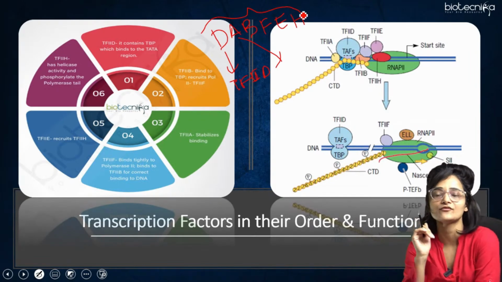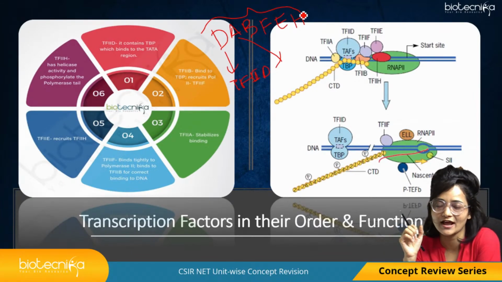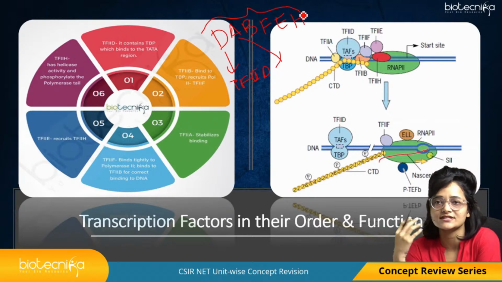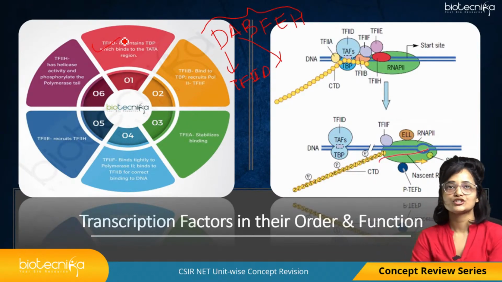Here, with the help of the wheel, you can see the order in which the transcription factors come onto the promoter region and assist the RNA polymerase for the transcription of the DNA to take place. Firstly, TF2D is the one which comes.